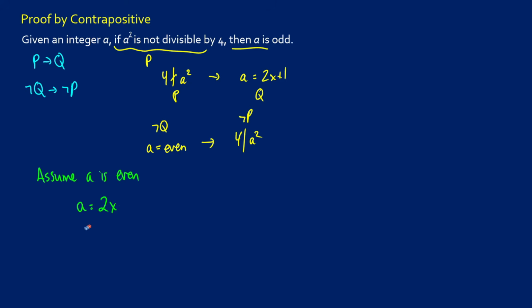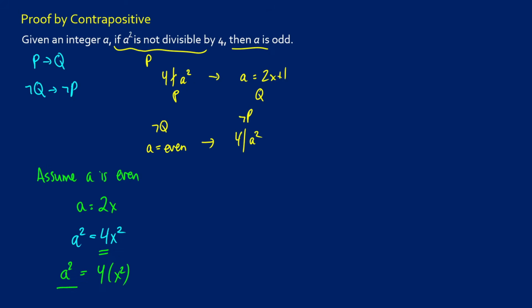Now we're saying that a squared, if we square this, it's going to be the same thing as 2x squared, which is the same thing as 4x squared. Now, what do we know about our final statement that a squared would be divisible by 4? Well, we can factor out a 4, I mean, this is really just a pointless step, and this is equal to a squared.